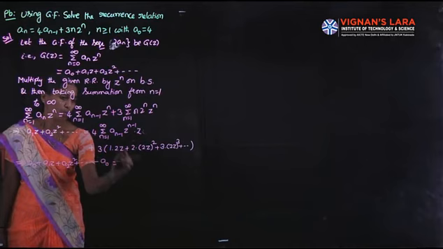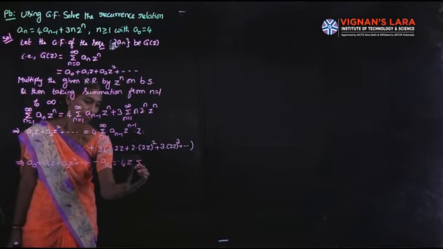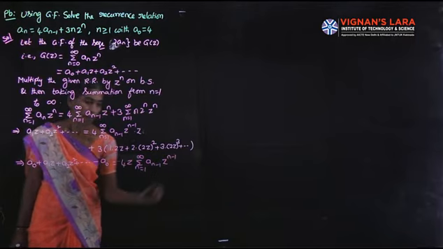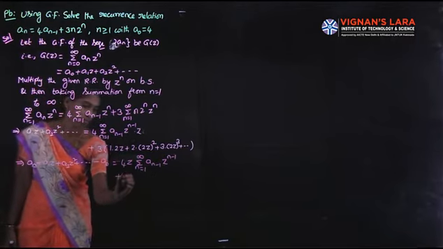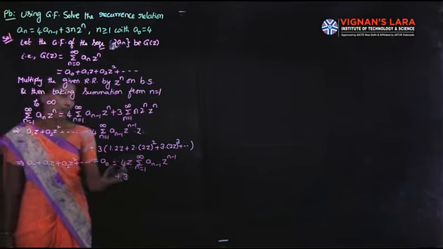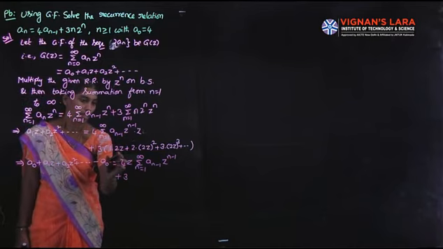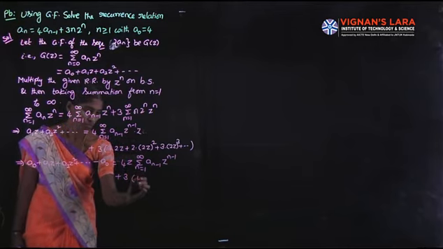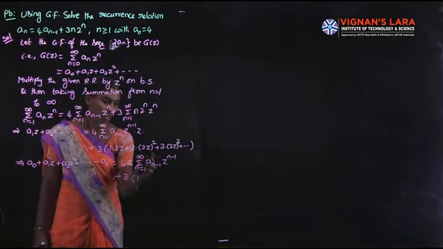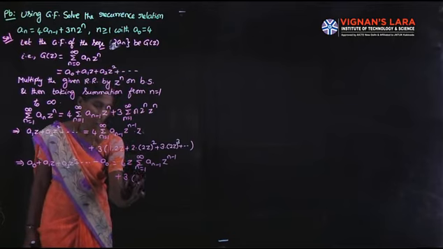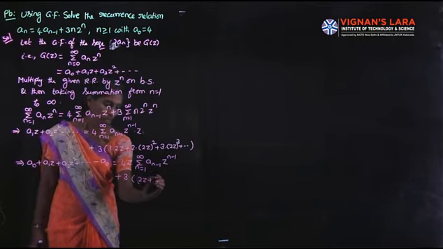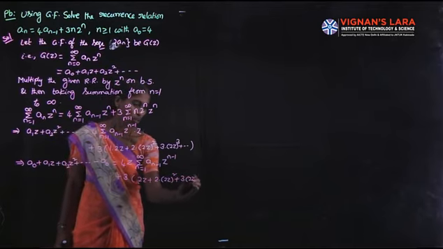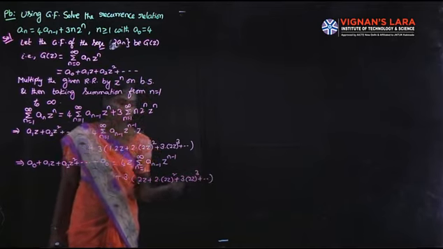Write this z before the sigma. Now it is 1 into 2z, which means it is 2z, plus 2 into (2z) whole square plus 3 into (2z) whole cube and so on.